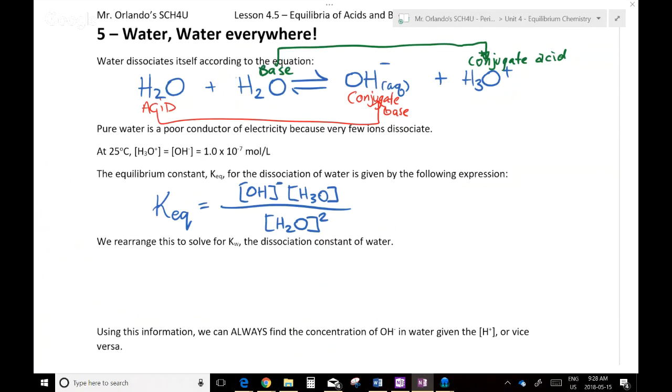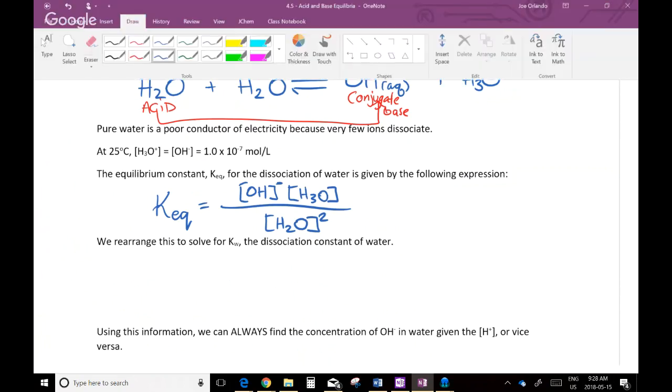You look at a cup of water, do you think that an appreciable amount of the water breaks down into ions? No. In fact, we don't have the Ka to test it yet, but I'm going to tell you that this would very much pass our assumption. In other words, this concentration of water is going to be essentially constant. Does that make sense? This is only going to happen a little bit.